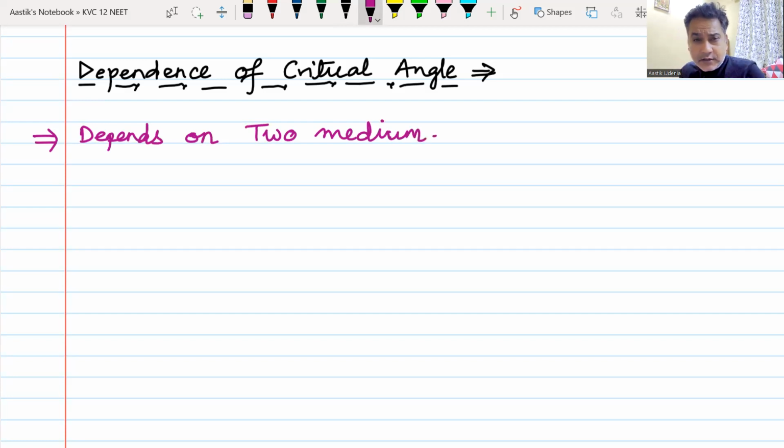For example, between water and air, between glass and air, between glass and water, the critical angle would be different. Do we understand this? Yes or no? Yes, sir. Sure? Then for the critical angle between glass and air, or anything and air, sine of C is inversely proportional to mu. Yes or no?